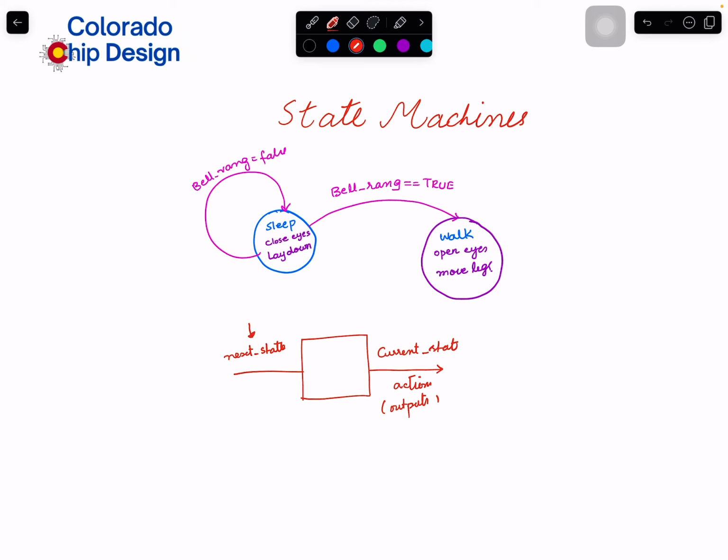Soon this will become the current state. The next state is soon to be the current state. But for now, this is the current state over here. I should call it, instead of next, soon to be current state. So which is the next state? That is determined by some variables, which are inputs.